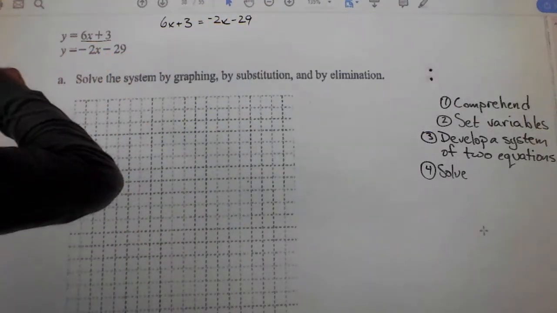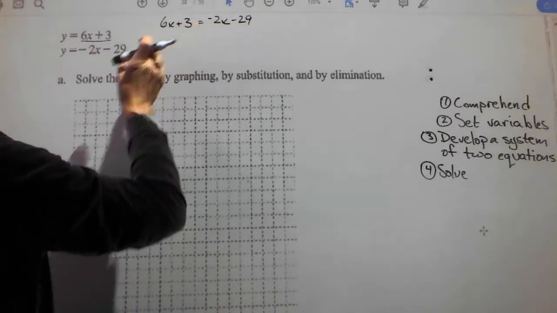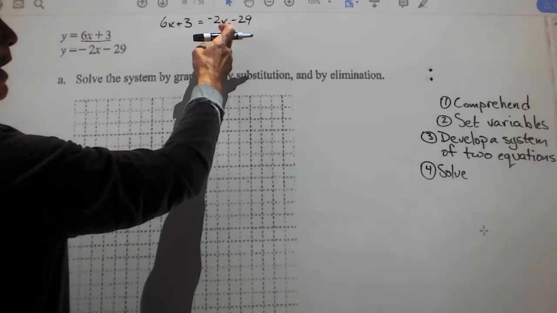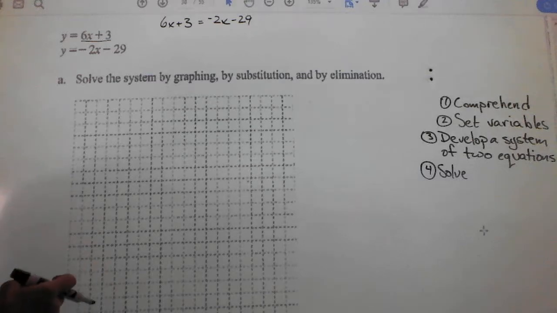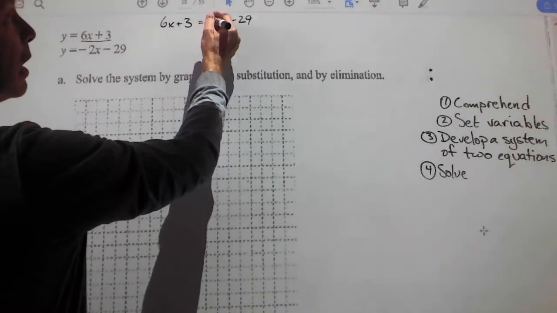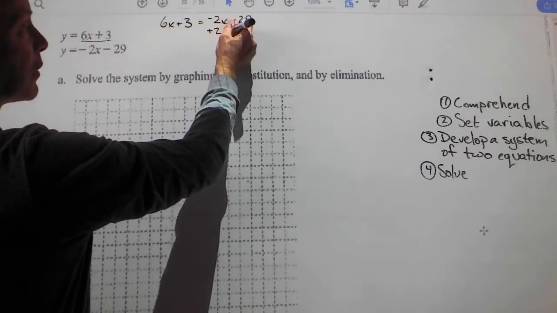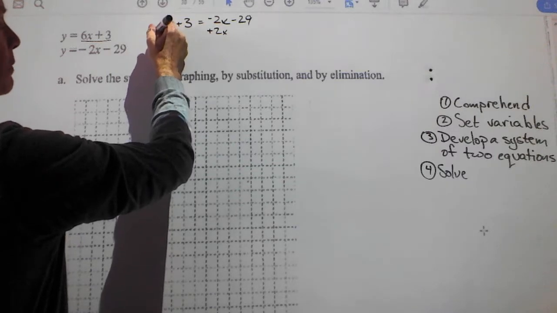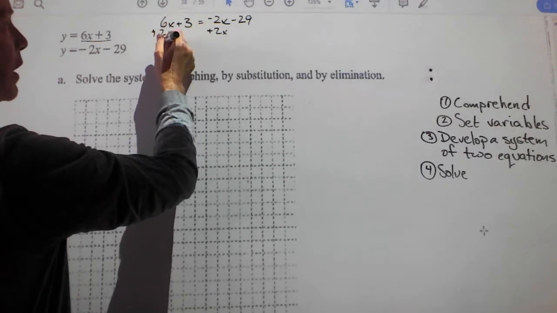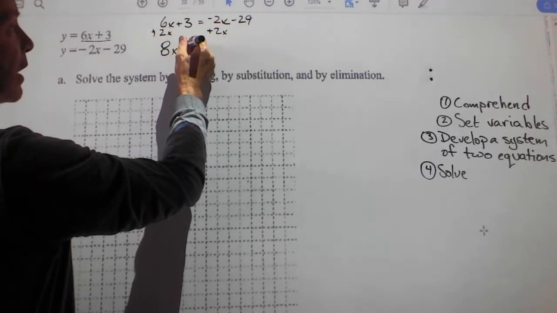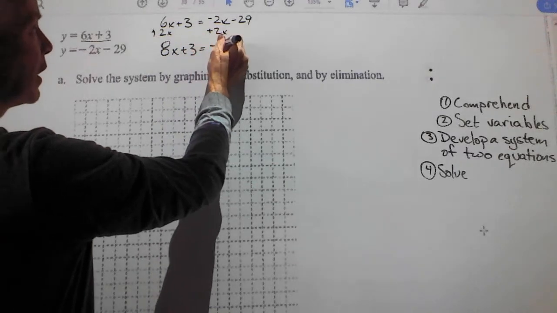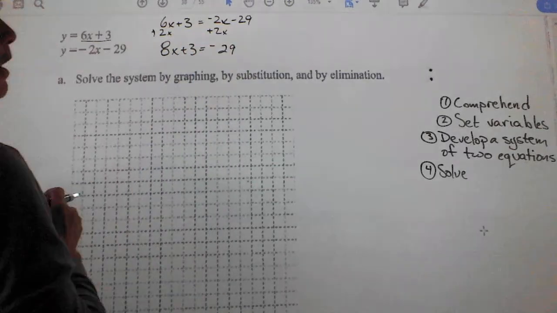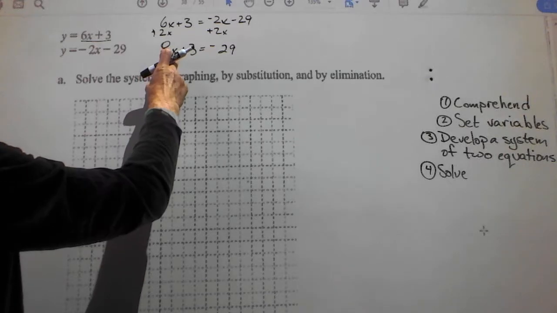And then we have to isolate the variable. That means we have to get all the x's to one side. So I'm going to add 2x to both sides to get all my x's over to the right. That's going to give me 8x plus 3 equals negative 29. Then I still have to isolate x.